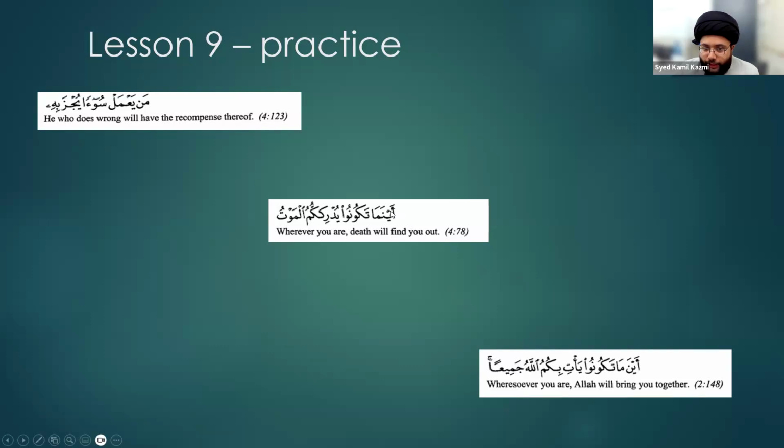If you notice over here between the noon and the meem, it was connected, correct? But if you look down here, is it connected? No. So in different types of prints, you'll find both manners. In different places, you'll find aynama written this way, or you might find it written this way.